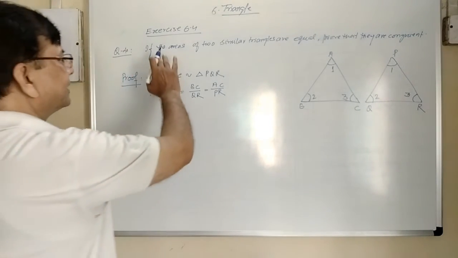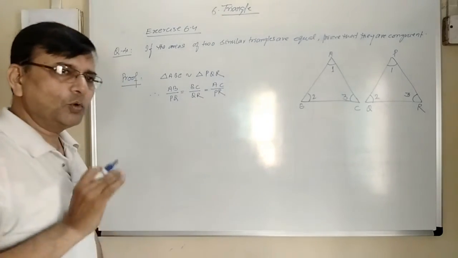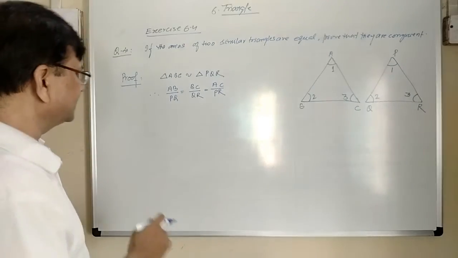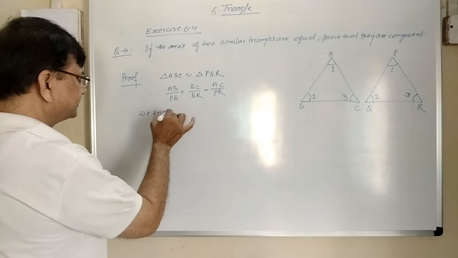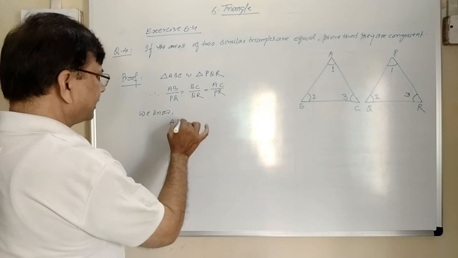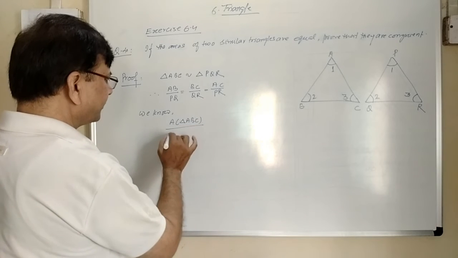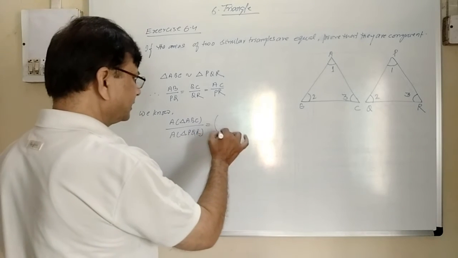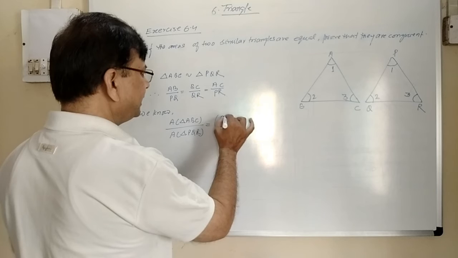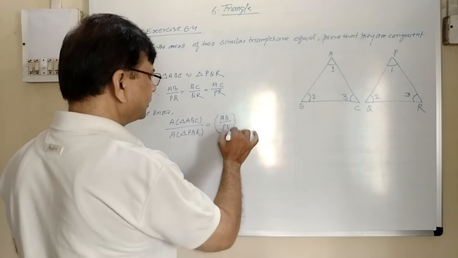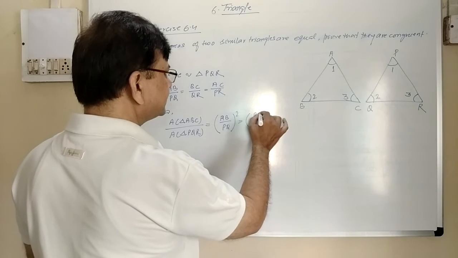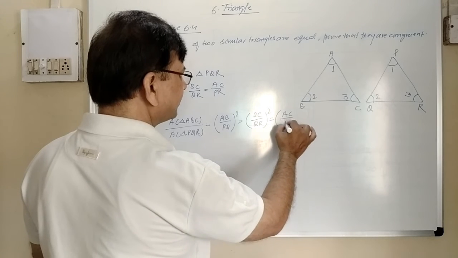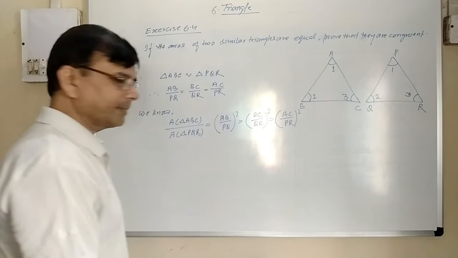And one more thing is given, that areas of two triangles are equal, and we know from the theorem that area of triangle ABC upon area of triangle PQR is equal to AB upon PQ whole square is equal to BC upon QR whole square is equal to AC upon PR whole square. Right?